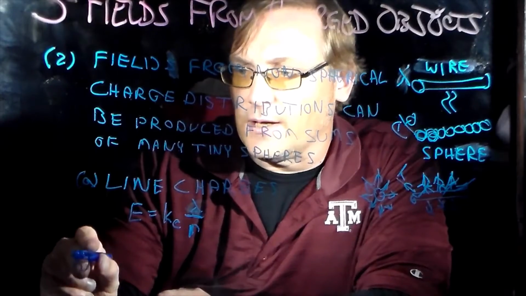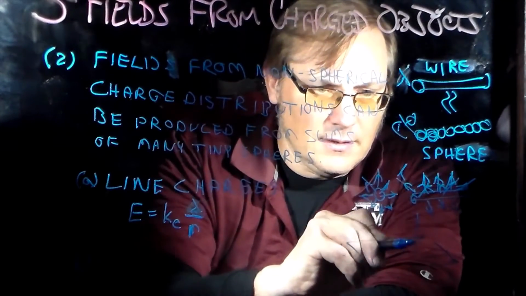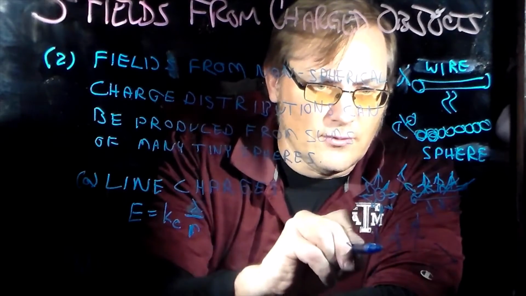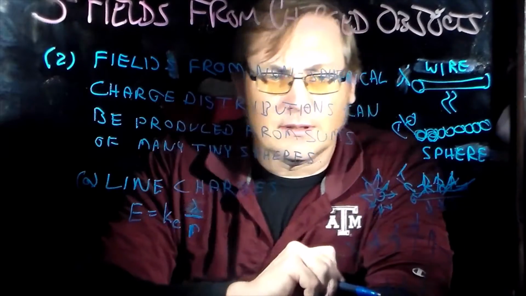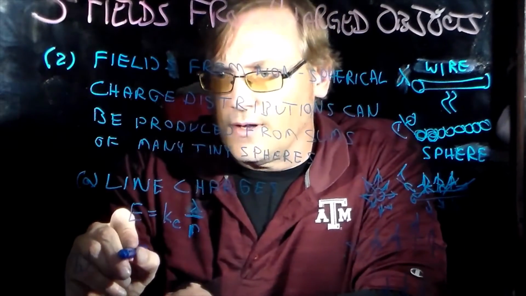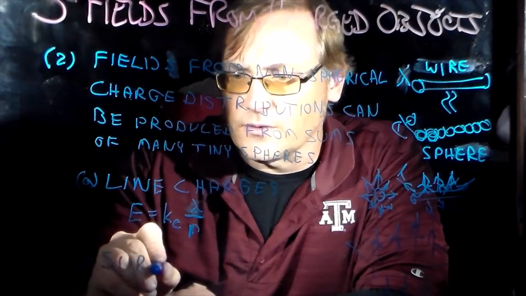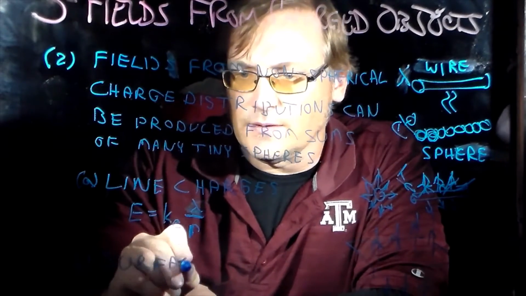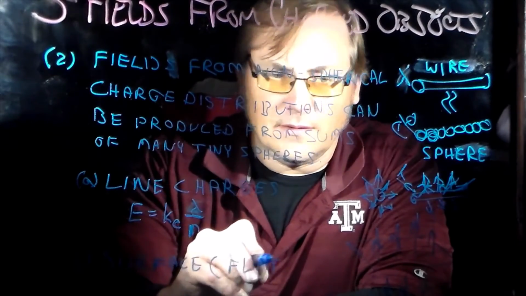And then if we had a plate, the field comes directly out of the plate. For that we'll call it a flat surface charge density, sigma.